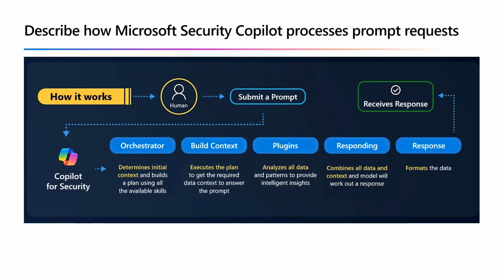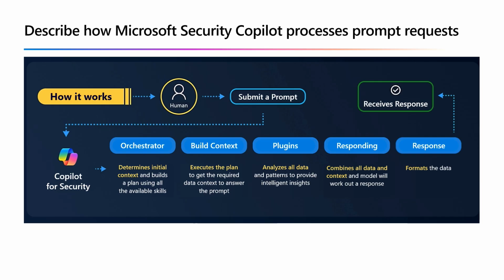So, how does it work? The process starts when a user submits a prompt in the prompt bar. Then, Security Copilot sends the information to the Copilot backend, referred to as the orchestrator. The orchestrator is Copilot's system for composing capabilities together to answer user prompts. It determines the initial context and builds a plan using all the available capabilities.